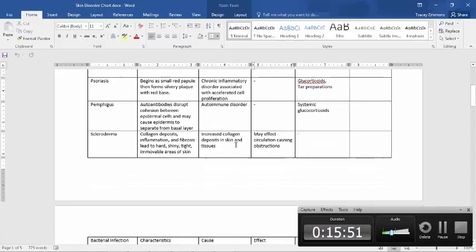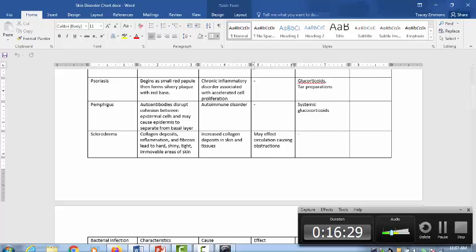And then the next one is scleroderma, which is where we have huge deposits of collagen in the skin and tissues, where we make too much collagen. And the collagen goes where it's not supposed to, which leads to inflammation. And then the inflammation is going to end up causing us to have scar tissue and fibrosis. And so we end up with hard, shiny, tight skin, and we have a lot less movement of the skin because the collagen is going to turn it into almost like scar tissue.